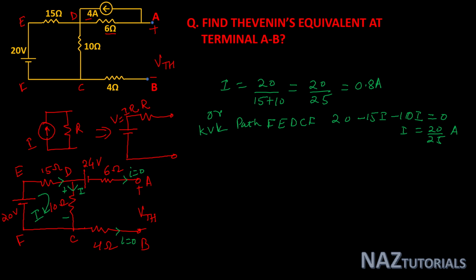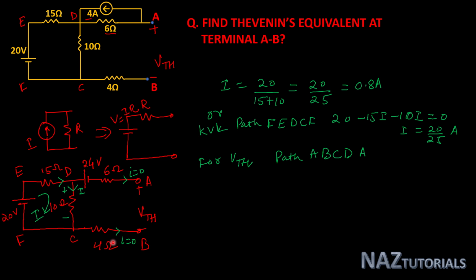Now for VTh we will select a path. For VTh it is path A, B, C, D, A. This is our path for VTh. A to B you can write minus VTh.